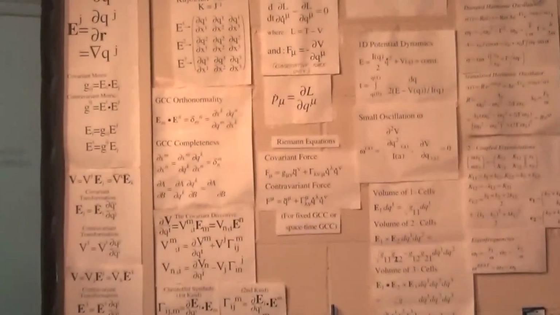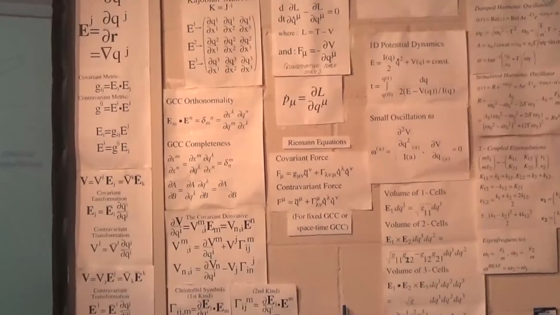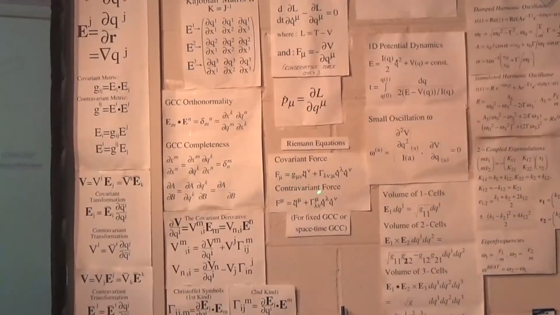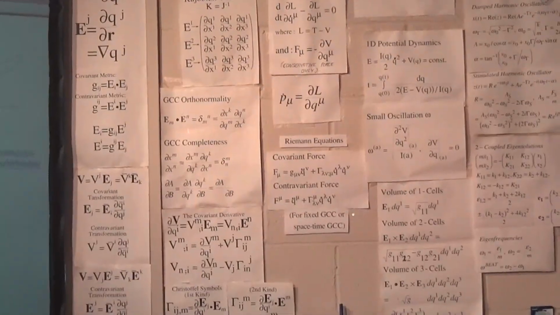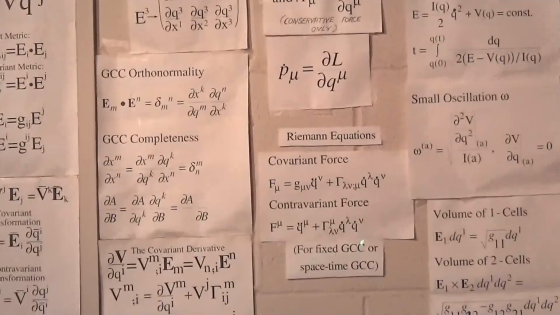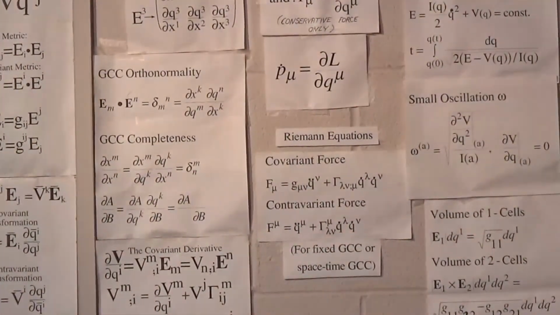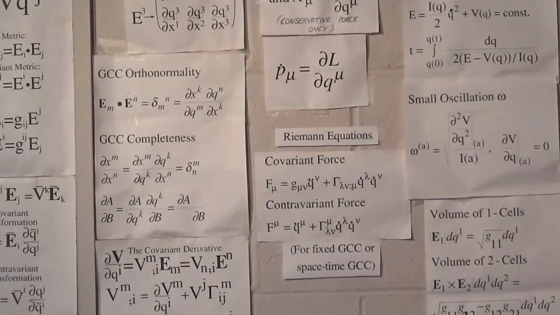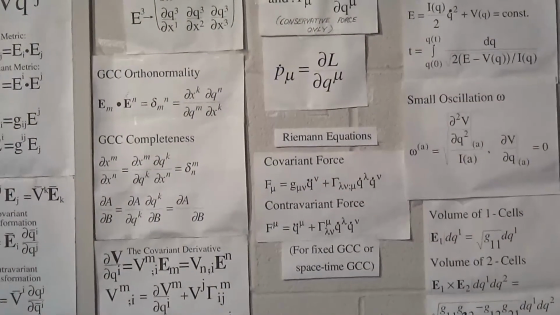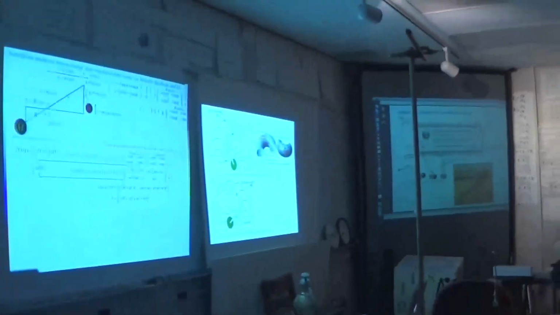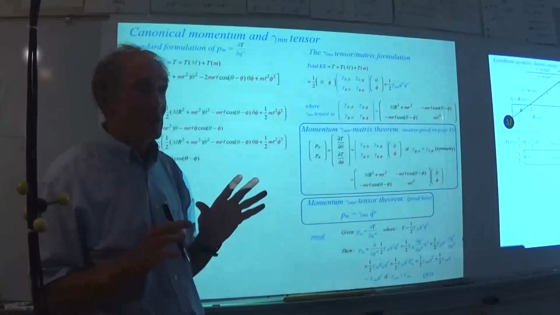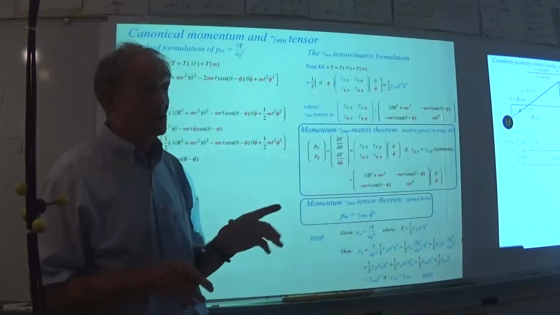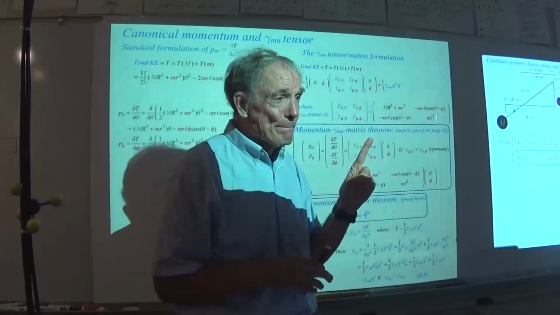Riemann's monster: there's the covariant Riemann and the contravariant Riemann, and the contravariant is the one most often used. We'll talk about those later. The problem with the Riemann is you can't have explicit time dependence. How do you get out of that problem? You make one of the coordinates time.